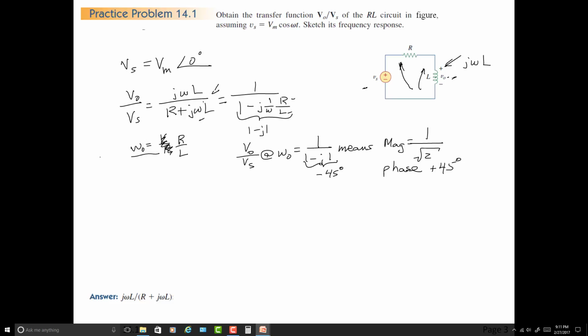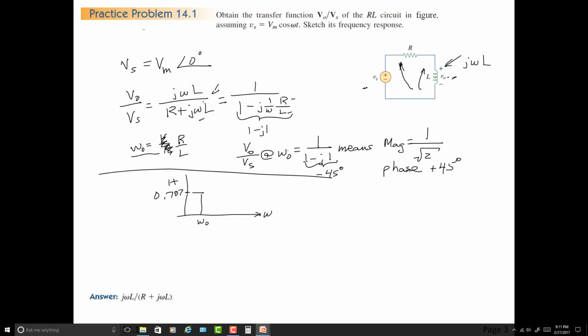So let's take a quick sketch here of what we've learned. Here's omega, and this will be the magnitude on this side. We've already identified one point at omega 0, where we've got 0.707, 1 over the square root of 2.